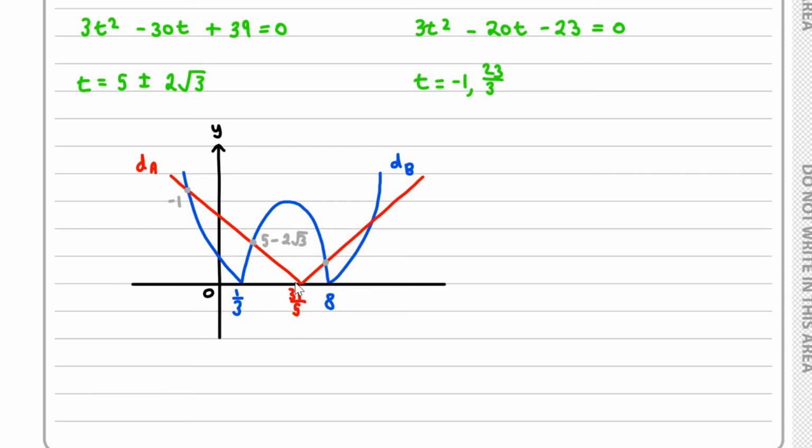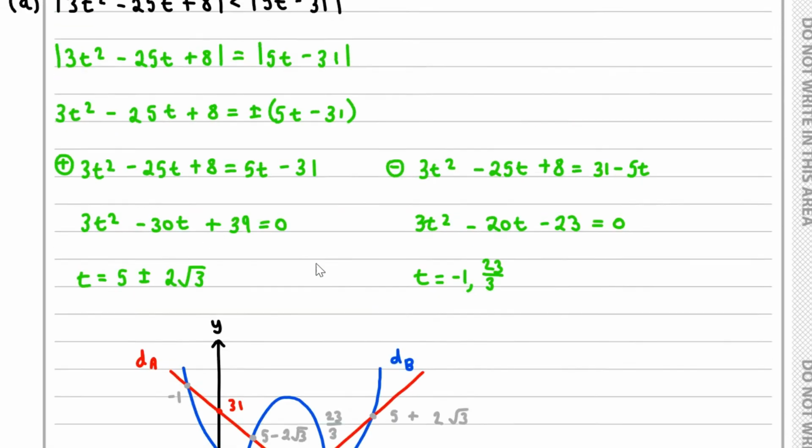This point over here would correspond to 23 over 3, and this point here would correspond to 5 plus 2 root 3. So therefore we've got the graph of dB and dA. And if we show where they cross the y-axis, well, this one would cross the y-axis at 8, and this would cross the y-axis at 31.